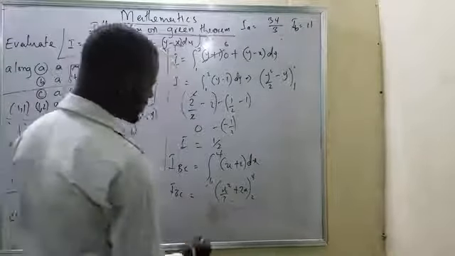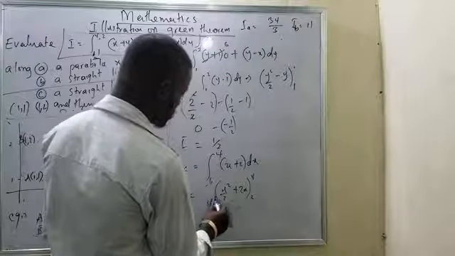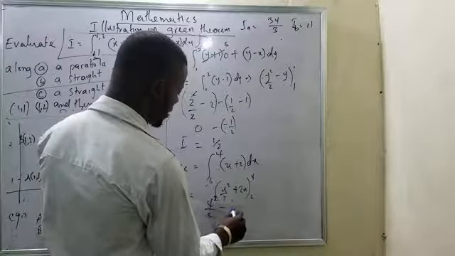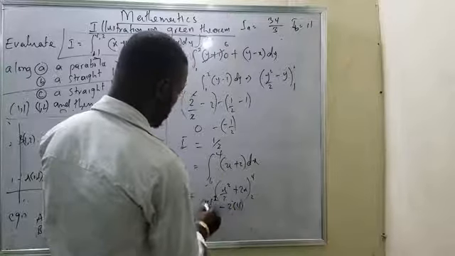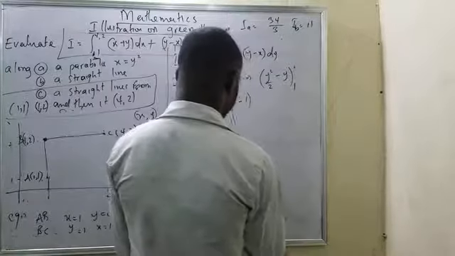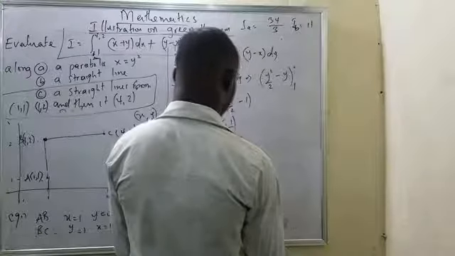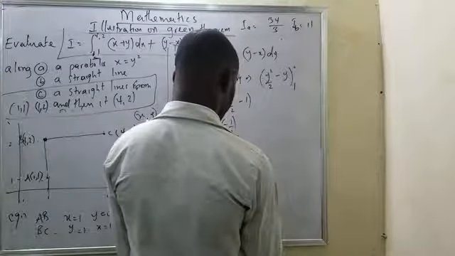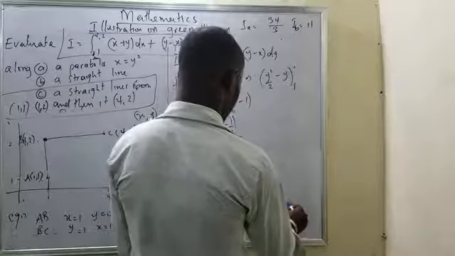Now, what I'm having here is 4 raised to the power 2 divided by 2 plus 2 times 4, minus 2 raised to the power 2 divided by 2 plus 2 times 2.